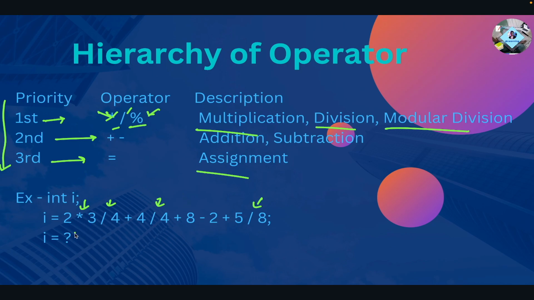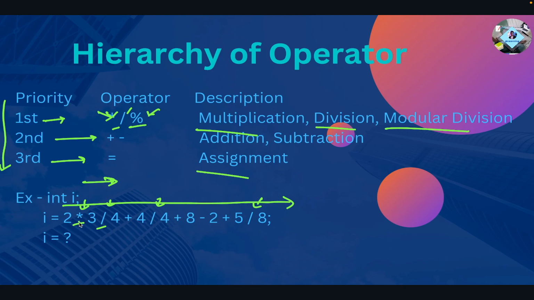But first what should we do, multiplication or division? In the next slide you will know that there is associativity in operators, that is left to right. So left to right means this direction, right? Which operator is at the leftmost position, evaluate that first, then the next one, then the next one.